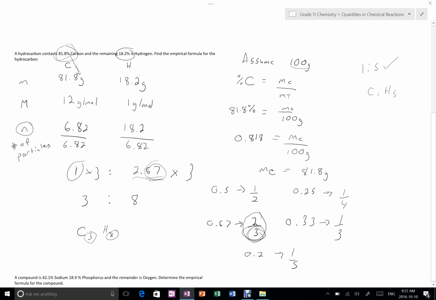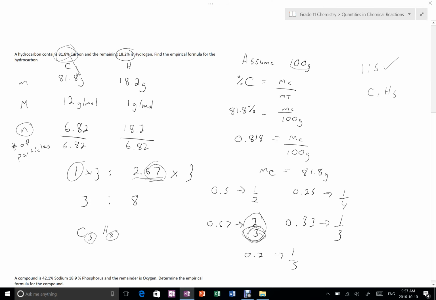Here's my list of things to look for. If it had been 0.5, I would have recognized that it was a 1/2 that was causing it. If it had been 0.25 or 0.75, it was a 1/4 or 3/4 that's causing it. 0.67 is a 2/3, 0.33 was a 1/3, and 0.2 would have resulted from a 1/5.